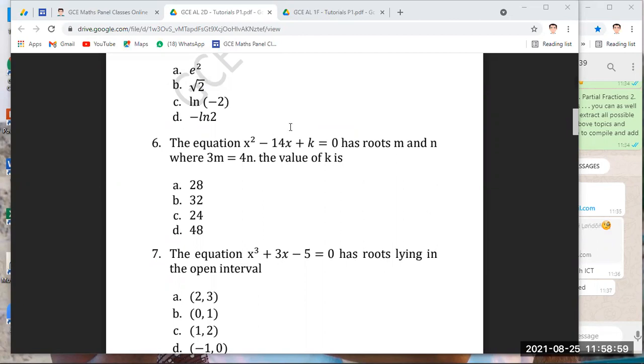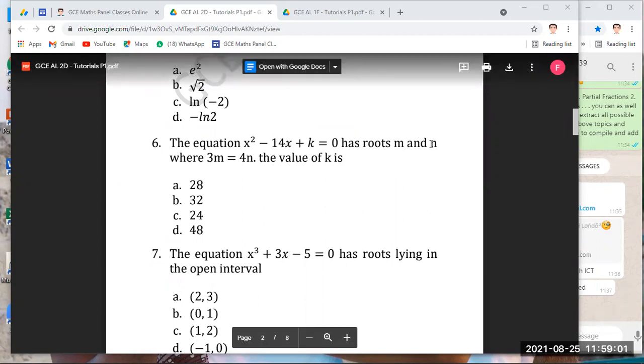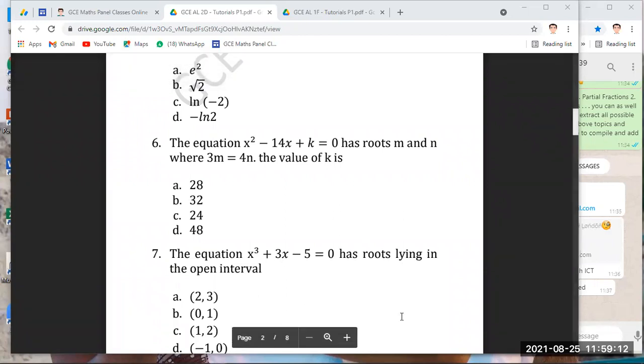In this case, if the roots of this quadratic are m and n, then it therefore means that this minus 14 is our sum of roots. So m plus n is equal to 14.